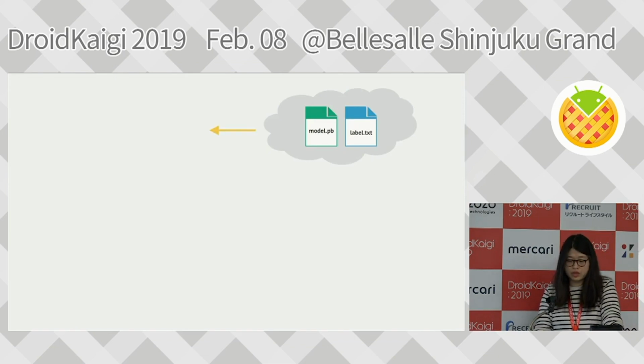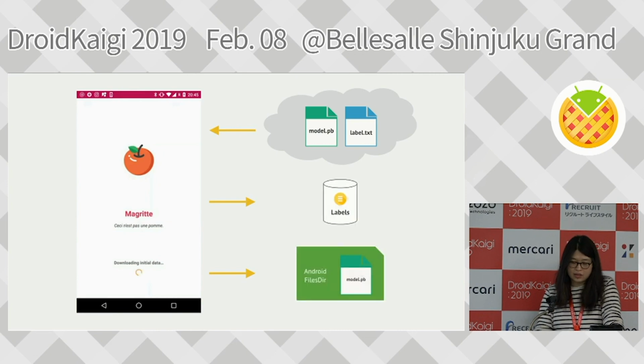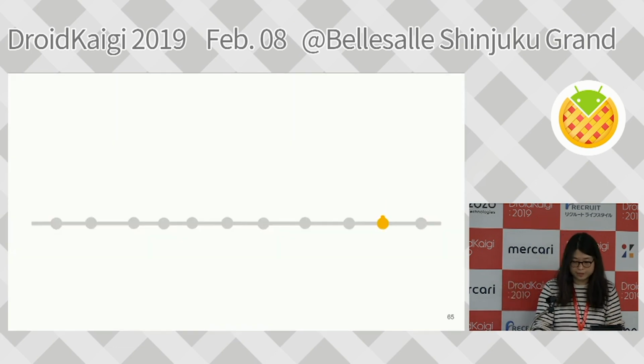What I did with the first version was host my own model on a server with a REST service, because at the time there was no ML Kit yet, so I had to do everything on my own. If I wanted to update the model, I had to create a sort of REST service API to tell my application, hey, a new version of the model is available, you can download it now.